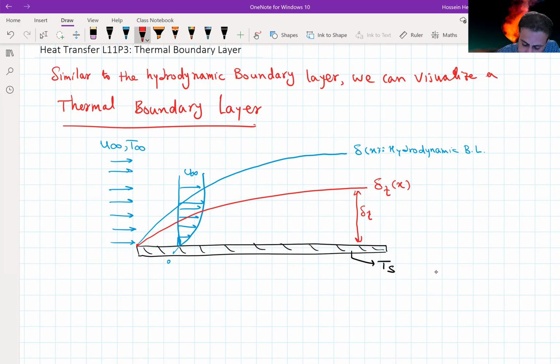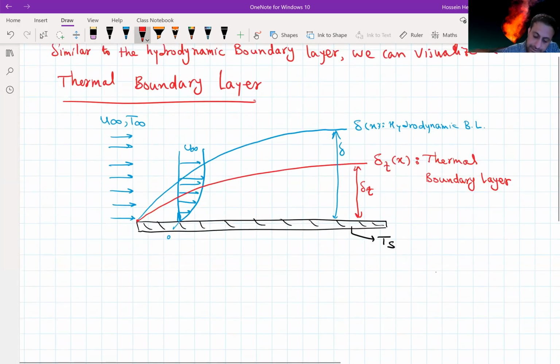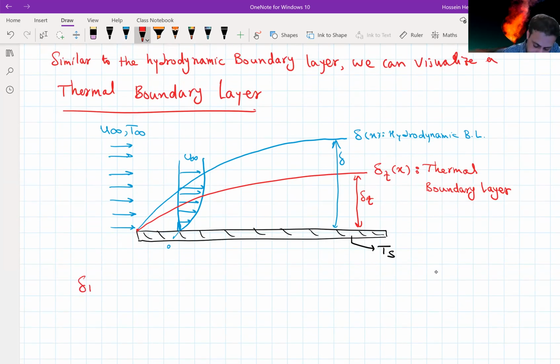So this is delta T, and the other one was showing delta here, which we call the thermal boundary layer. And delta T is the thickness of the thermal boundary layer, and obviously that's a function of x.